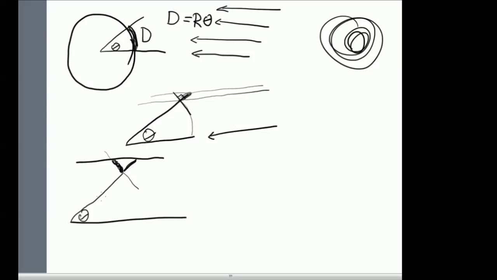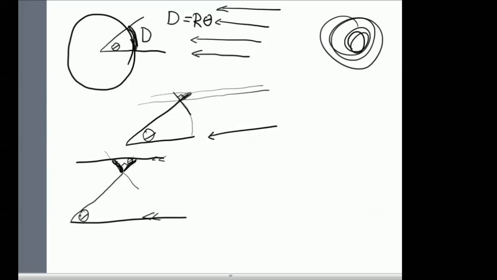If you notice, this angle is theta, but this angle over here is also theta. That didn't come out very well. That angle over there is also theta because these lines are parallel, because they're both coming from the sun. Since this is a right angle, you can just use trigonometry, which the Greeks did kind of know about, to measure this angle.